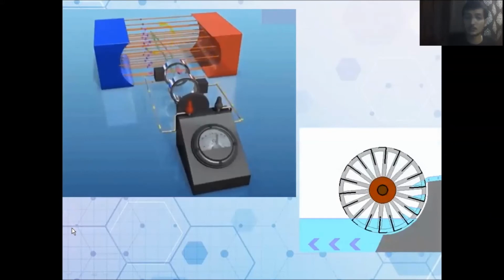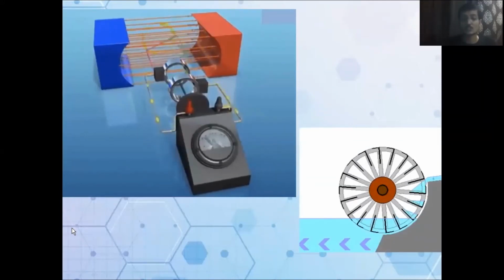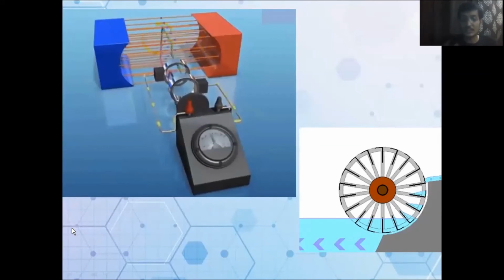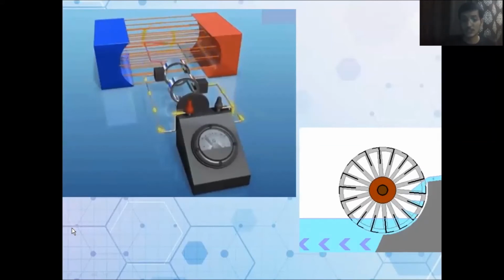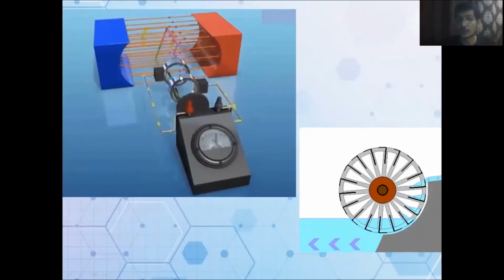Now, how are we rotating this armature coil? In power generation, whether it's wind energy or hydro energy, let's take the hydro energy example. You can see it in this GIF format. Using the hydro energy, the wheel, the turbine, is rotated. Now this wheel is connected to the shaft of this armature coil.